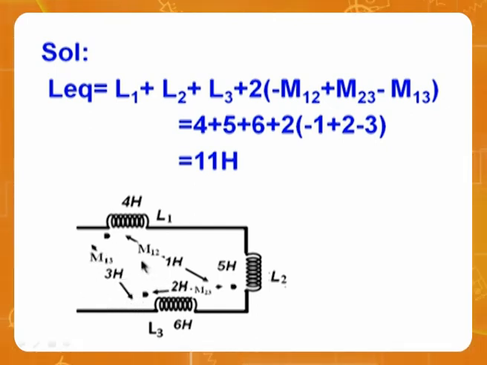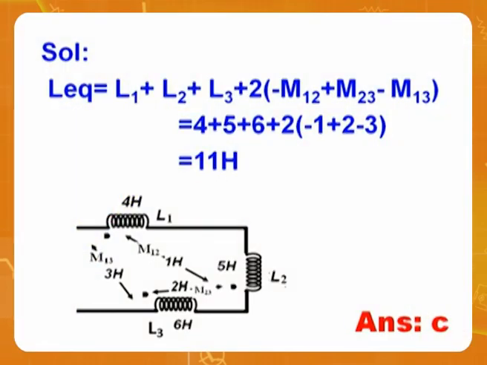Then each one is coupling 2 times, that's why we put 2 here. So 2 into minus 1, minus 3, minus 4, so minus 2, minus 4, so 11. Okay, so you have 11, and this 4 and minus 4 will cancel. Answer is 11. So seriously observe the polarity.